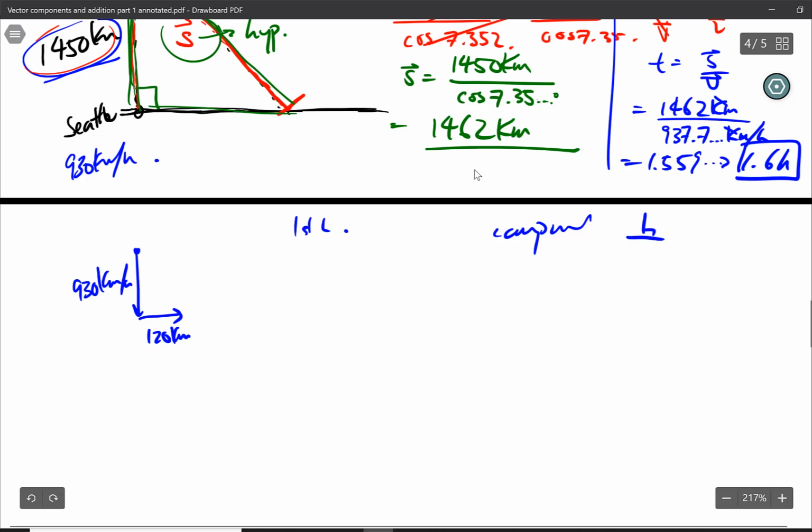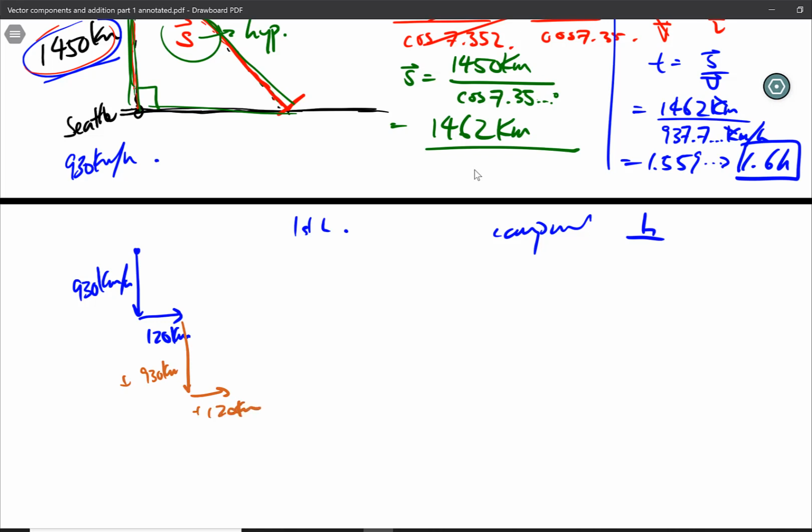Okay, but in the second hour, that doesn't change. It's still going to fly 930 kilometers south and 120 kilometers more going towards the east. If you combine that, that's roughly 1860 kilometers south, because it's 2 hours, right?